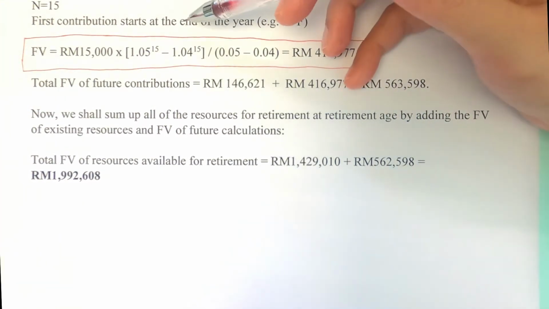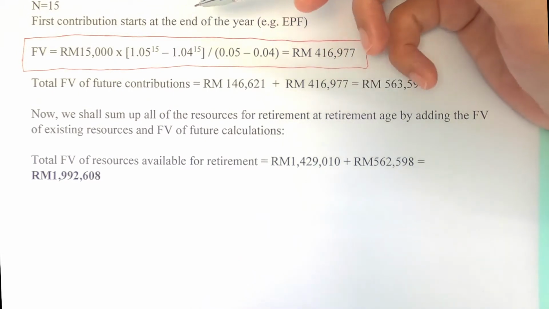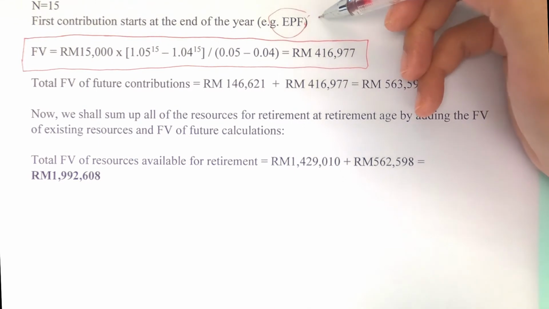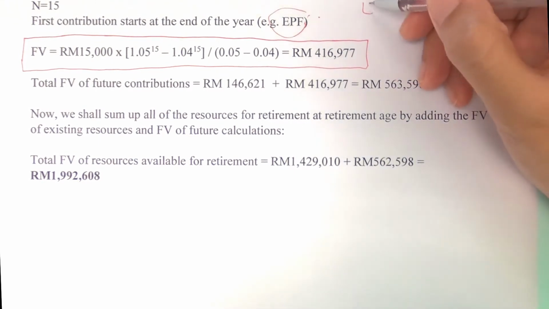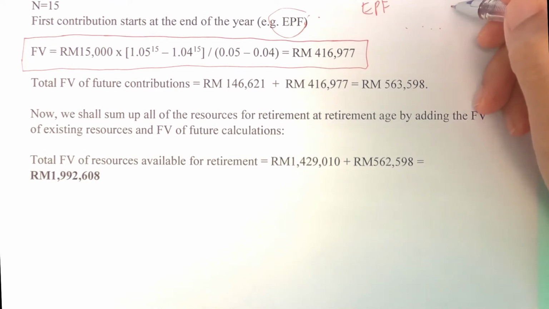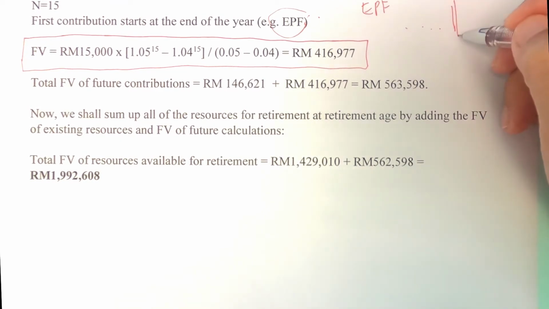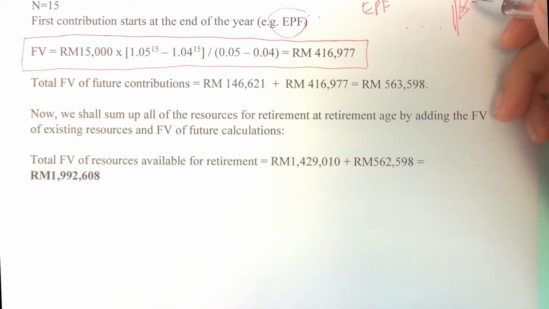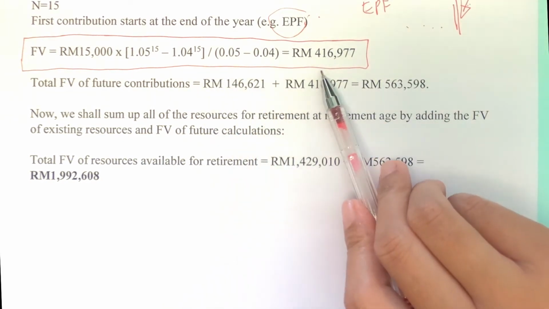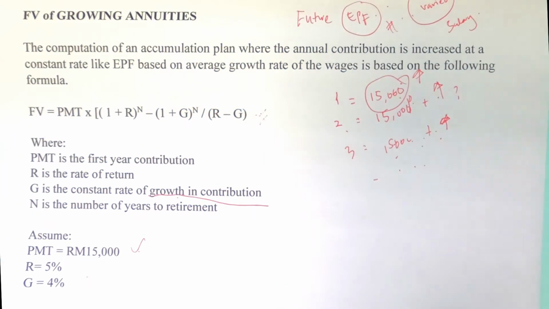Let's say we make an assumption that the first contribution starts at the end of the year for EPF, because it is very logical. In regards to EPF, we have to work first, and after we earn the salary at the end of the term, only then can we have an EPF contribution. So use this formula that has been given to you before.